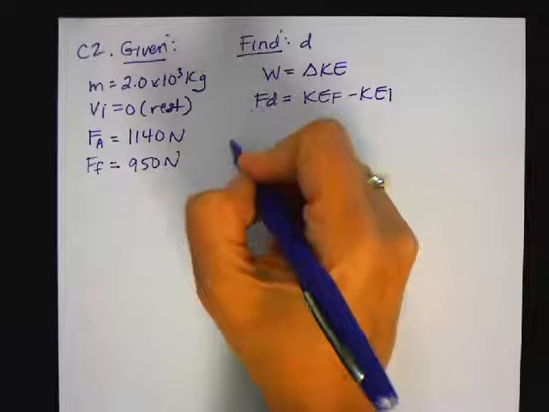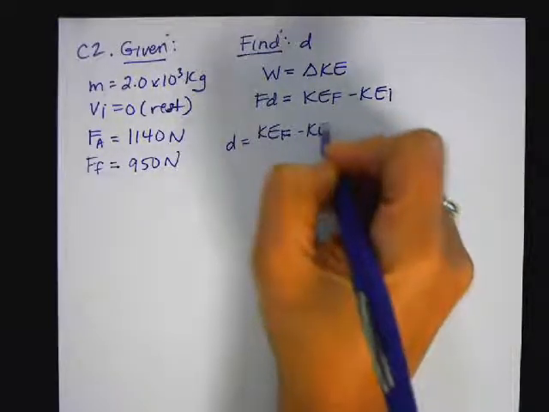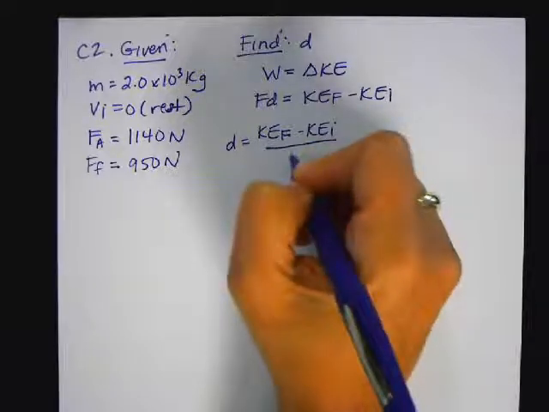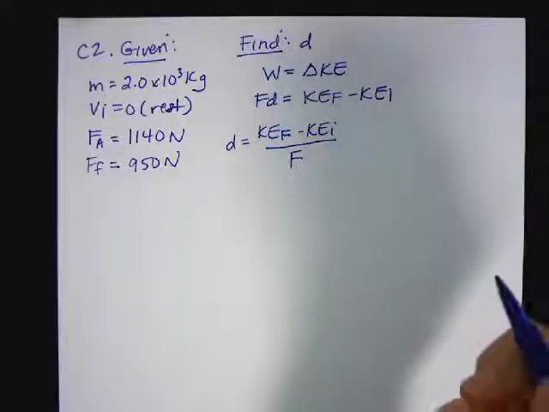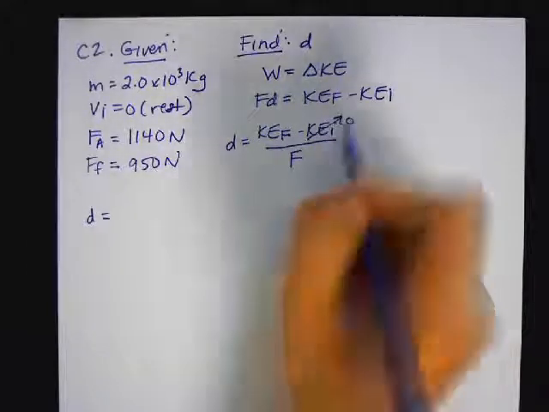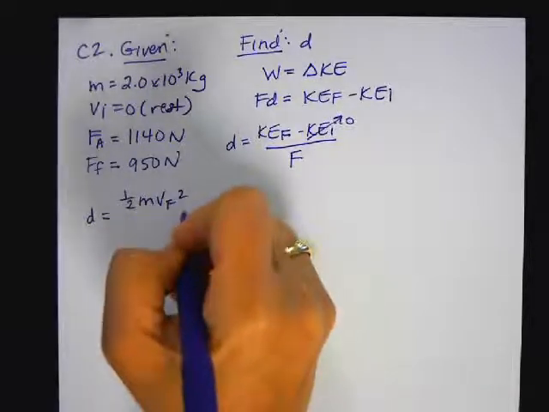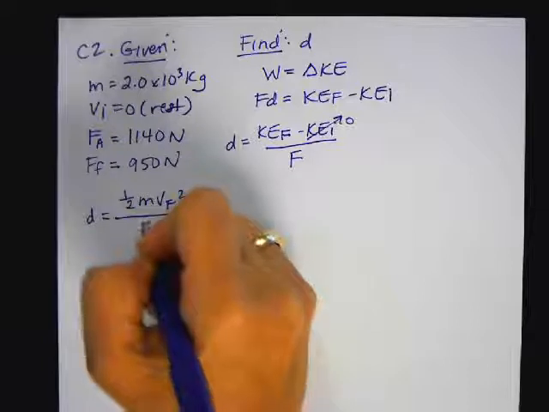If I rearrange this to solve for D, D is equal to KEF minus KEI over F. So D is equal to, now we know this is 0, so I'll get rid of that. So it's 1/2 mvf squared divided by F.